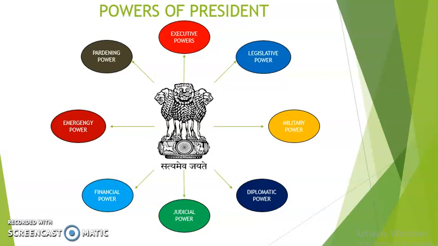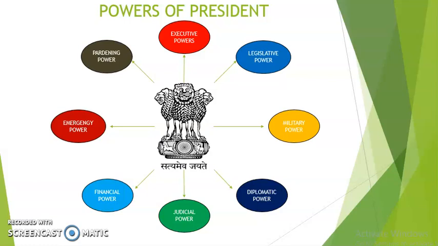A bill passed by the parliament can become law only after the approval of the president. Apart from this, there is another important power that the president has: he can grant pardons in situations like punishment for an offense against union law.